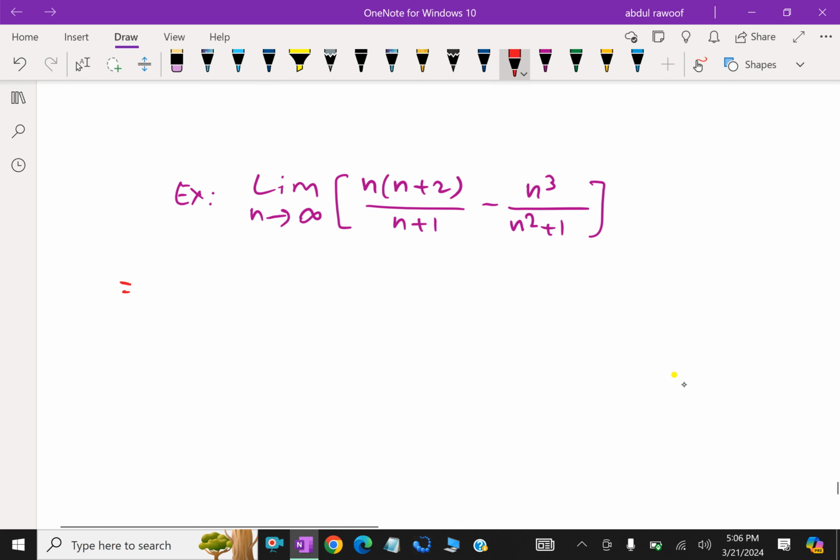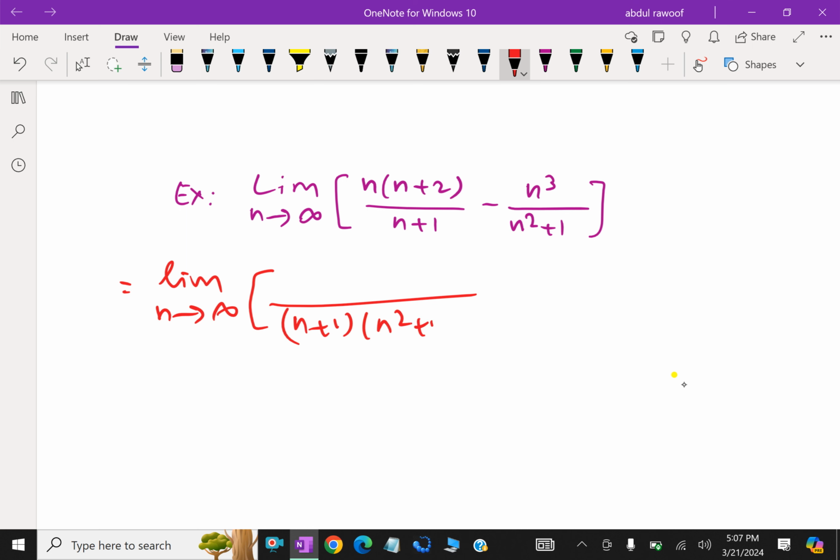Here, which is equal to the limit as n tends to infinity, then taking LCM as (n plus 1) into (n square plus 1), by cross multiplying, which gives n cube plus n square plus 2n.